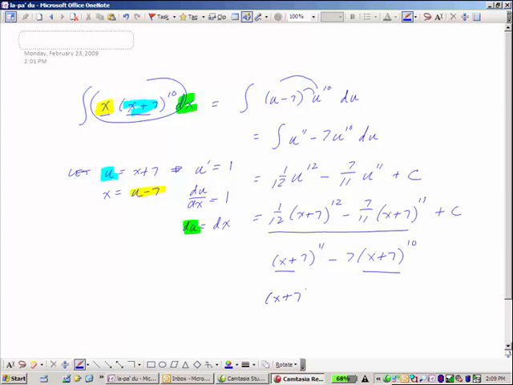X plus 7 to the 10th, and I'd be left with, in the first term, x plus 7, and I'd be left with, in the second term, minus 7. Hey, guess what we get? That's exactly what I thought the derivative was going to be. All right, so it works.